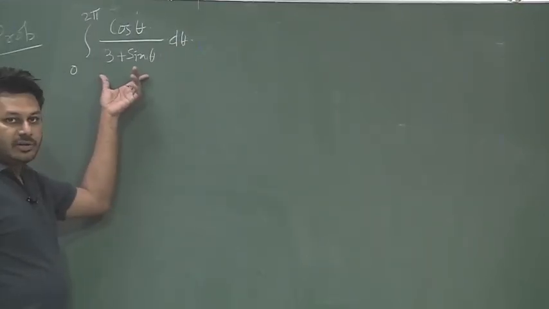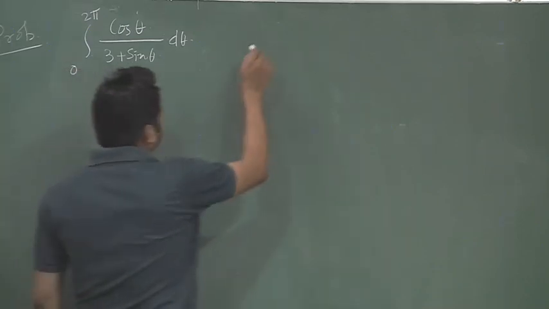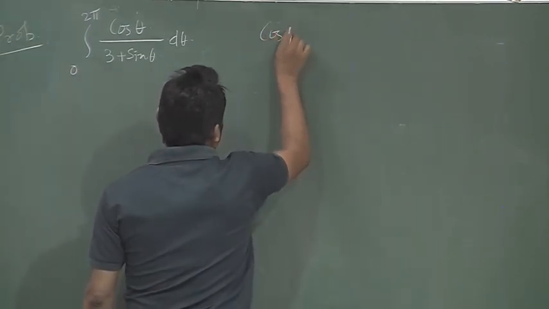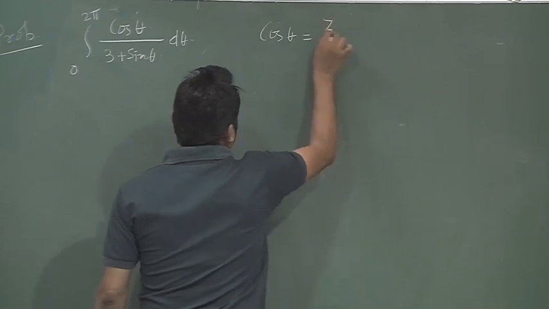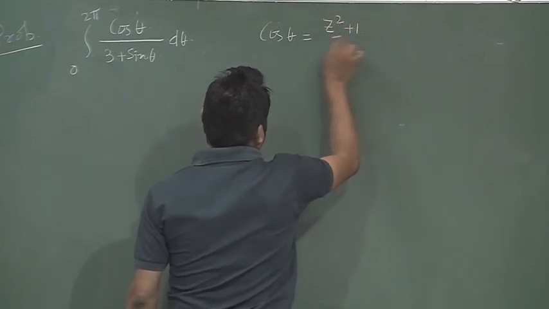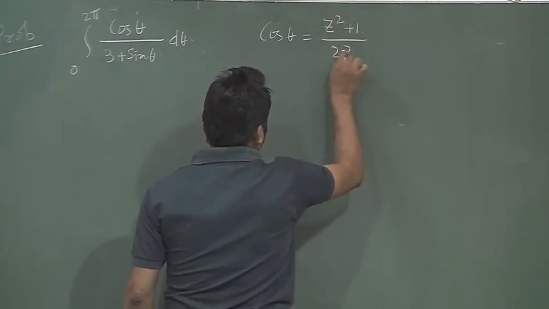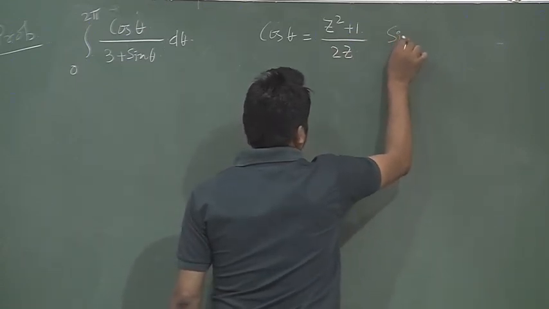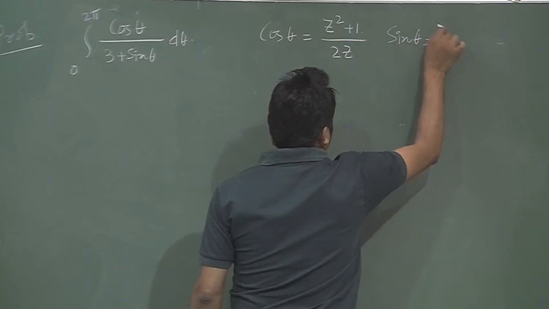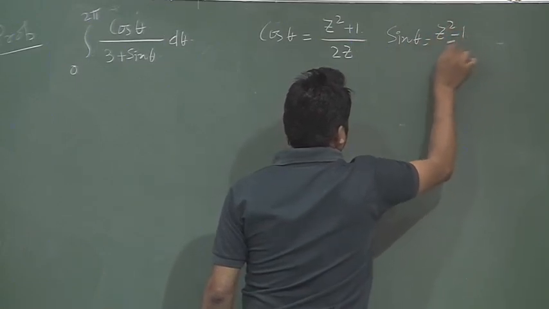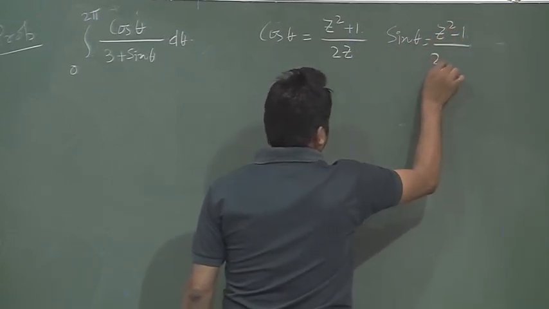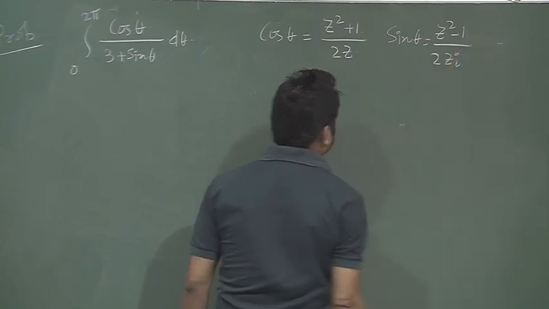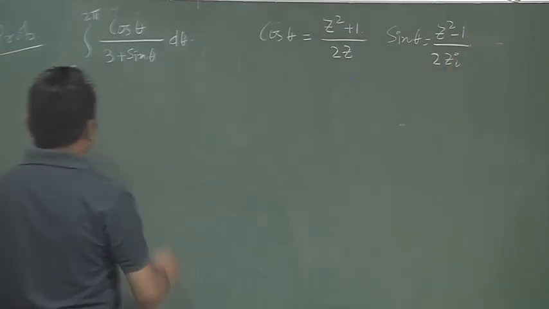So, again I need to convert this in terms of z. So, cos theta is z square plus 1 divided by 2z, and sin theta is z square minus 1 divided by 2iz.